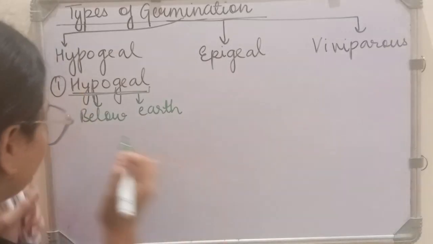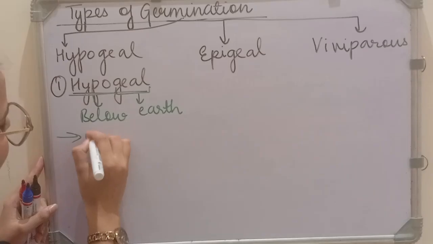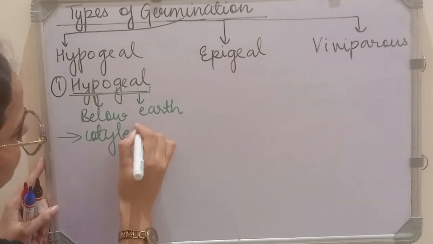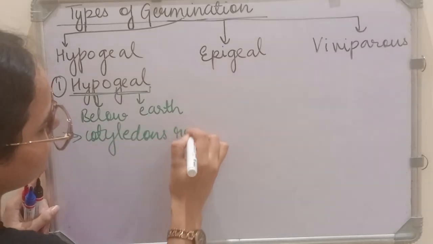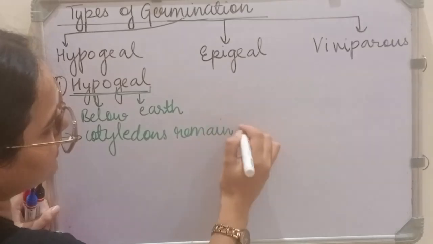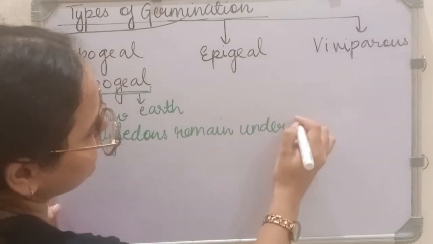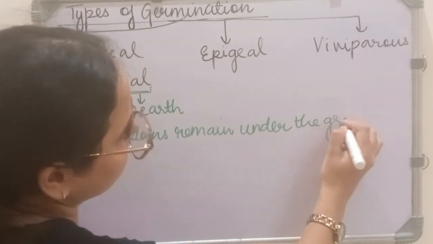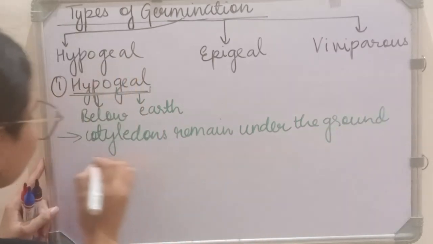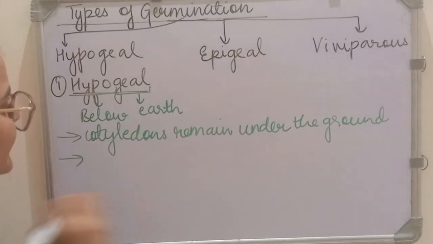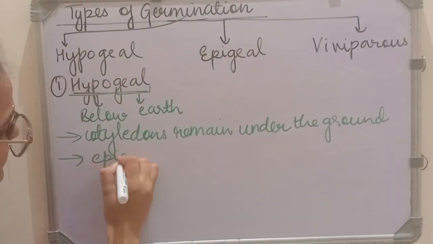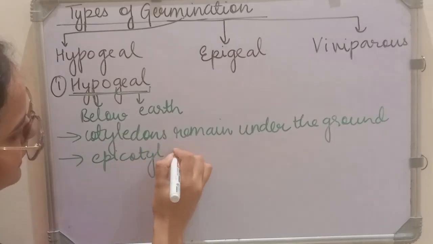So let's first write it down. Cotyledons remain under the ground. Okay, second point is what? Epicotyl elongates.